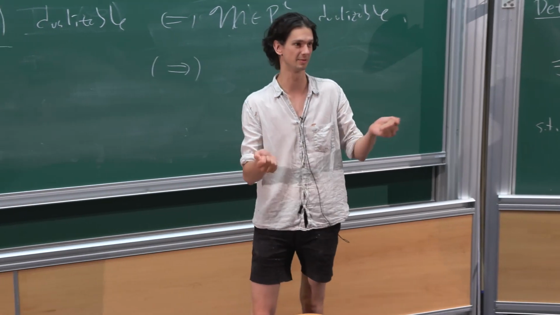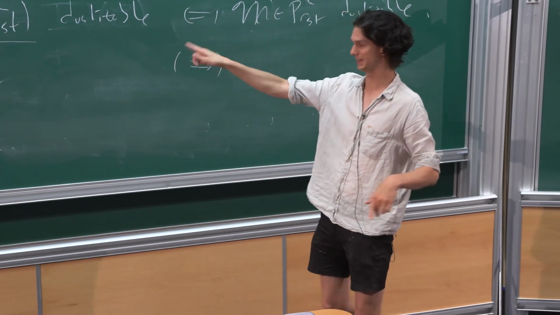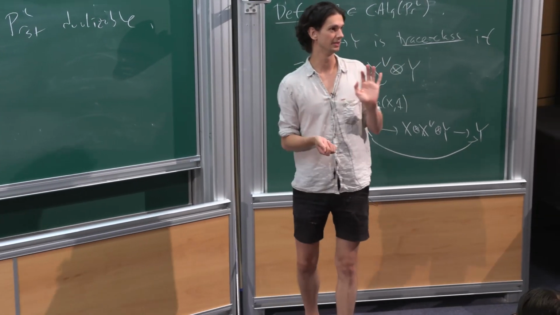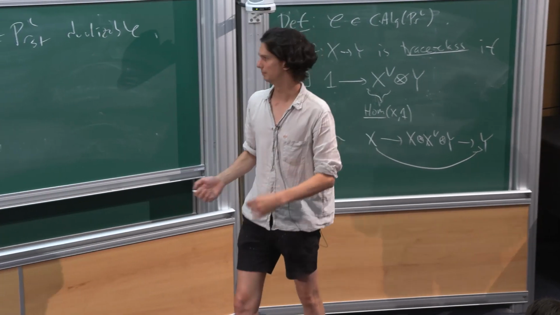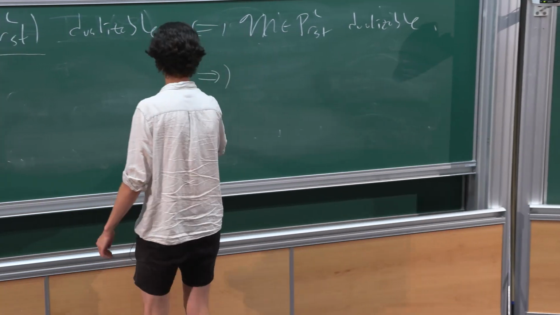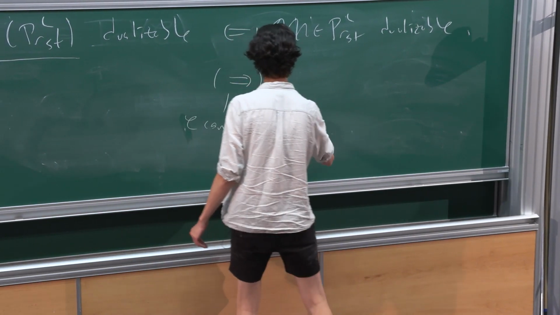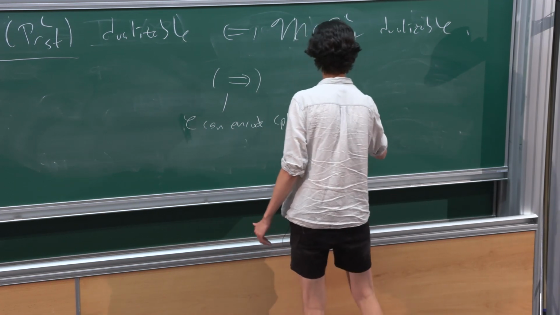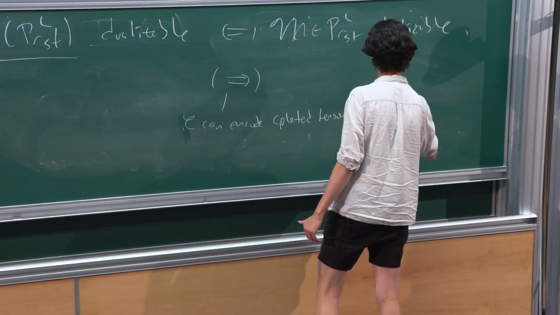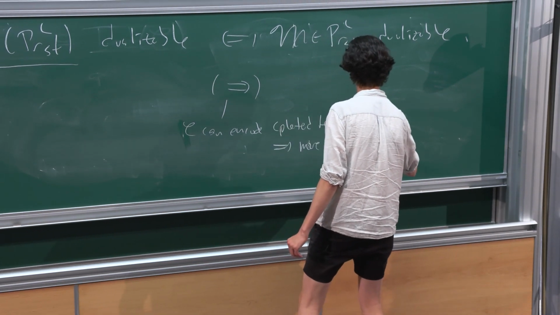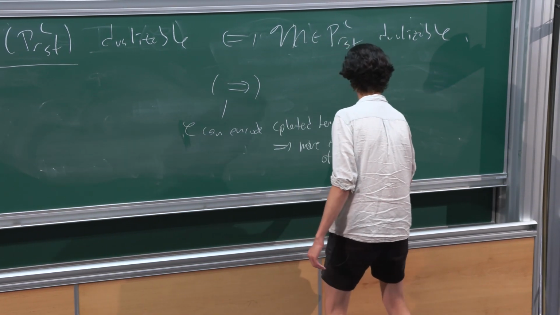You can take completed tensor products once you build the right base category. And this gives you many, many more examples than you had before. So this is important because now C can encode completed tensor products, and that gives you more examples of idempotency.